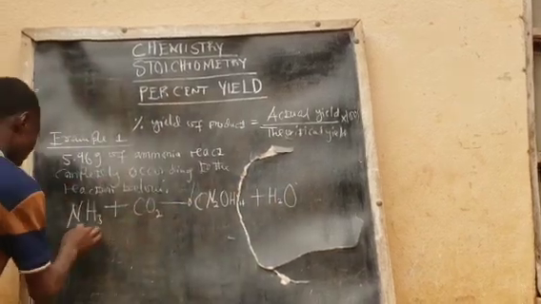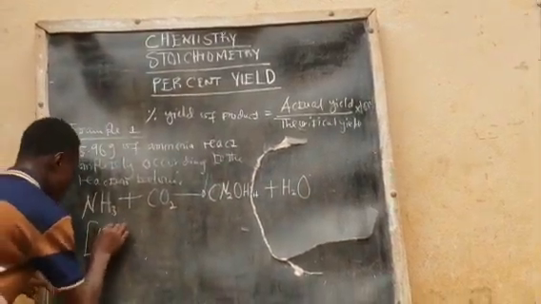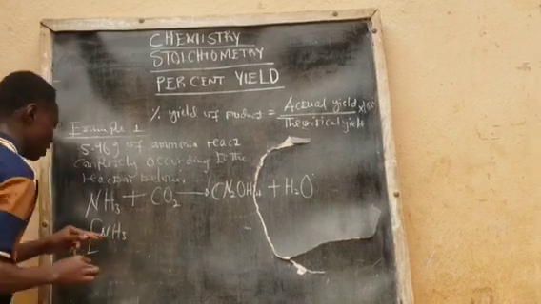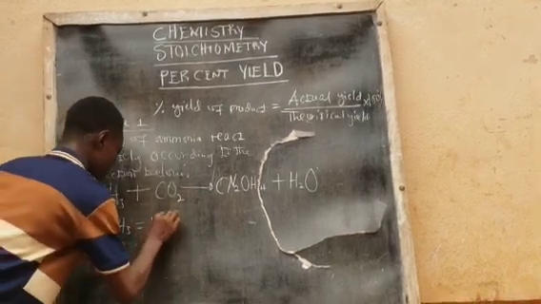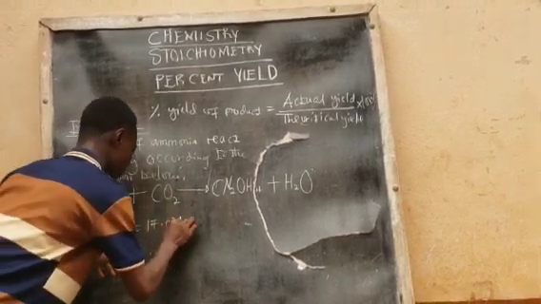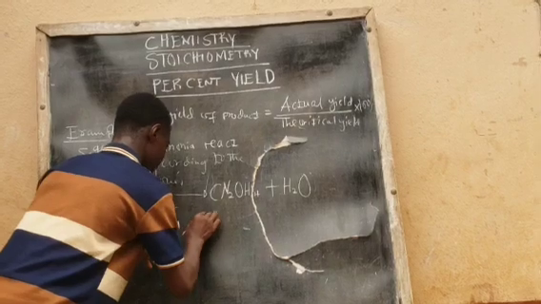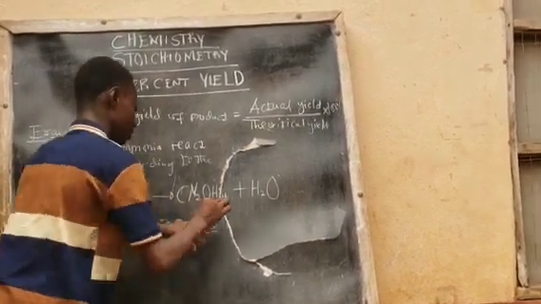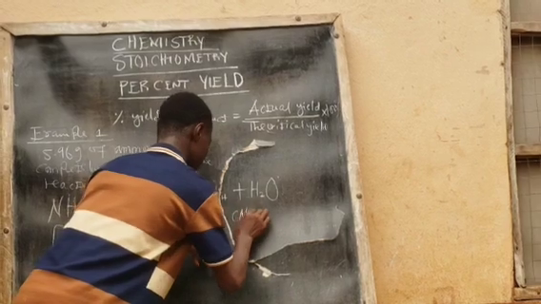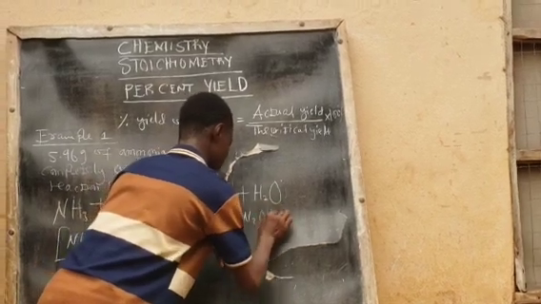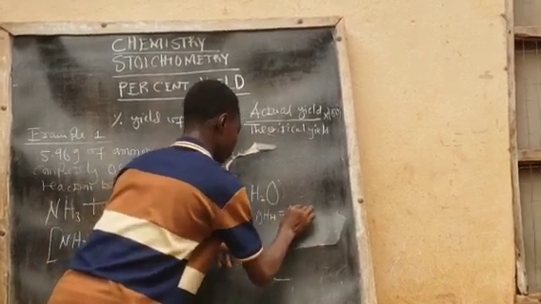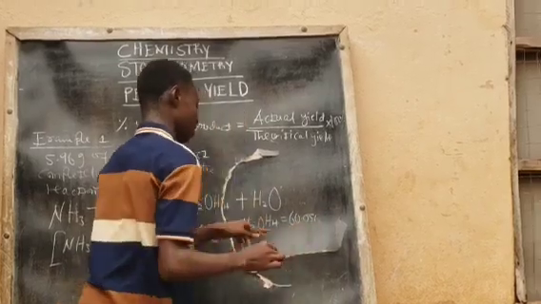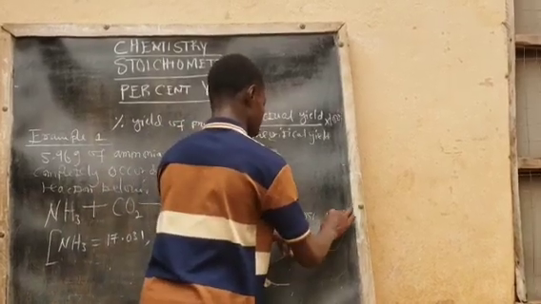This is the reaction with the molar masses. The molar mass of ammonia is 17.031. Carbon is 12, oxygen is 16, urea is 60.056, and hydrogen is 1.